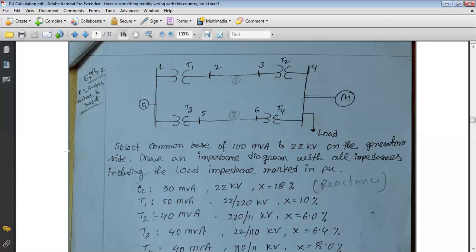If the generation voltage is 33 kV, at least we need to step up this voltage to 132 kV to transmit the power from sending end to receiving end, or more than 132 kV. As a second step, we can convert it to 230 kV or more to transmit the power from sending end to receiving end. So this is a step up transformer. Basically it steps up the voltage.